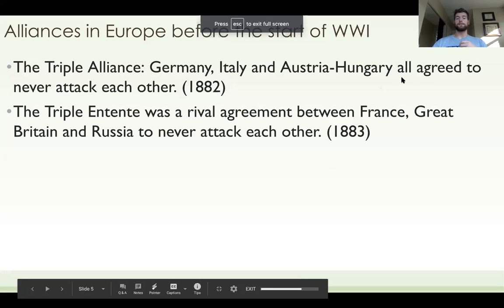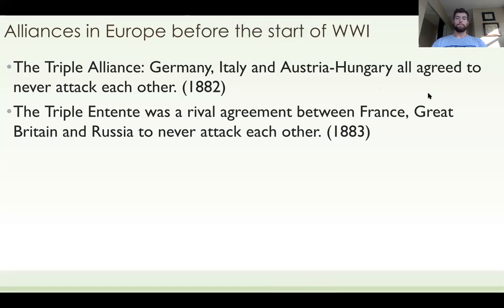And these are arguably the six most powerful countries in Europe at this time. They all are relatively large countries with strong economies and powerful militaries, or at least the most powerful in Europe at the time. And so early on, the seeds of rivalry, of going against each other, take place late in the 1800s.